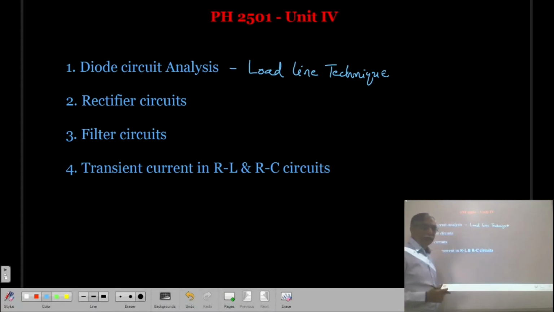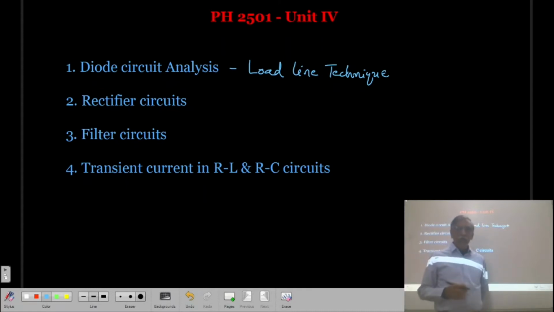What will be the mathematical expression for the charging current and the discharging current? In the same way, if we connect the battery with the RL circuit, what will be the growth of the current with time t? All this kind of analysis we will do in this part of the unit. So this is your syllabus for unit number 4.